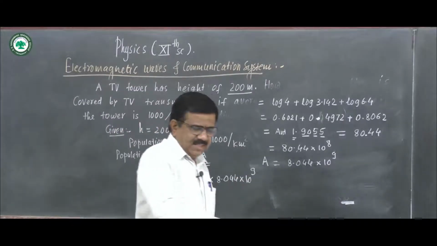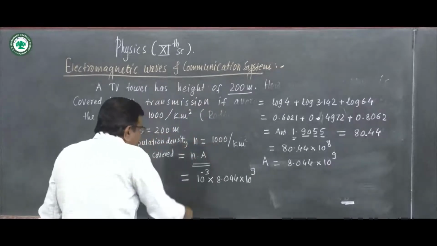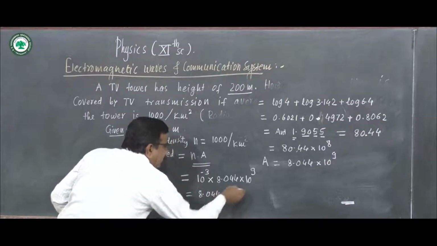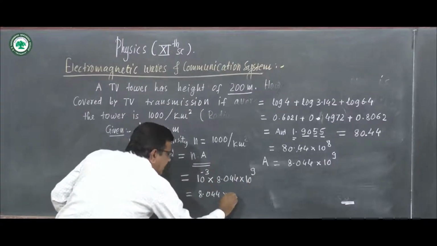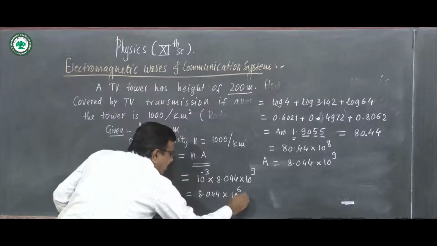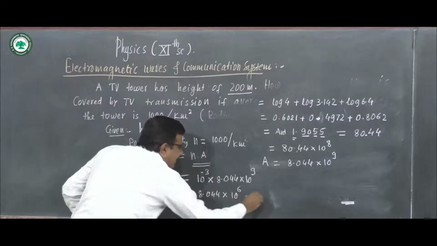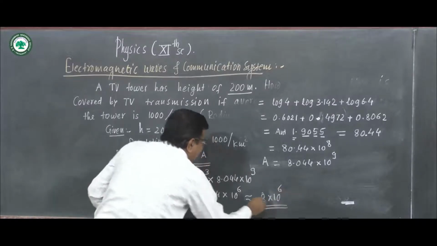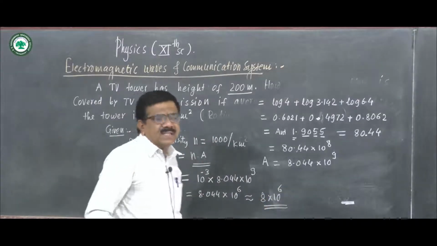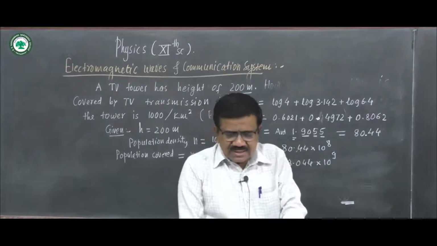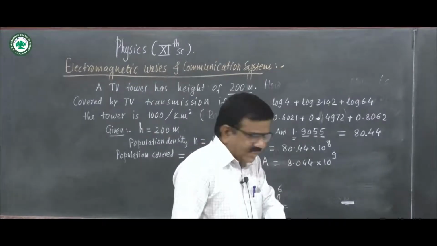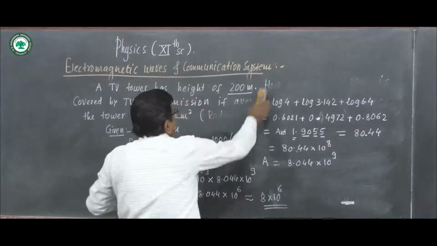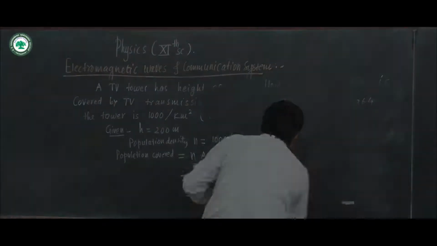It means this is 8.044 multiplied by 10 raised to 9 minus 6, that is 10 raised to 6. Or we approximately write it as 8 into 10 raised to 6. This much population is covered. So this is our next answer. Then we see two more numericals based on the same chapter.